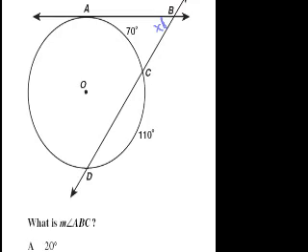Let's see what we can do here. There's a couple of ways to think about it. If you look, this is 70, this is 110, right? So if you add them, this whole arc going all the way around is 70 plus 110. That's 180 degrees. So it's perfectly halfway around the circle.